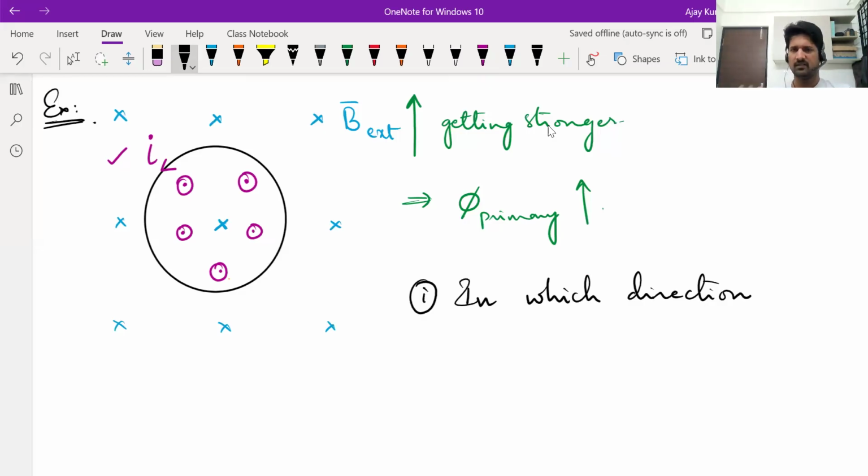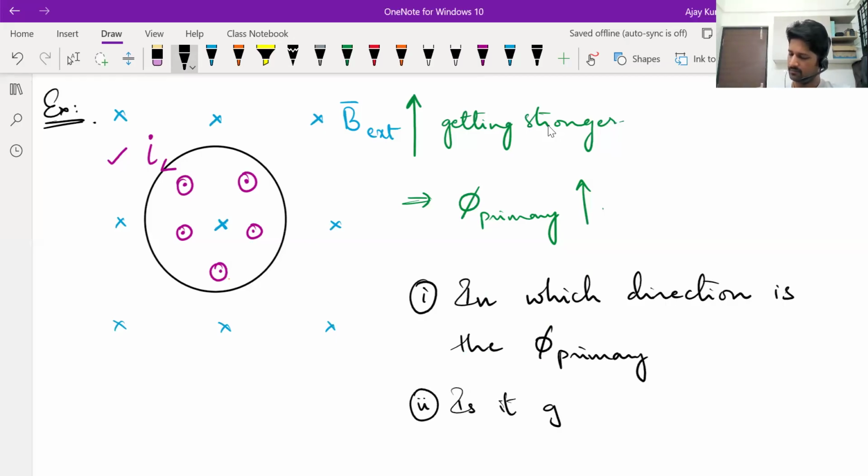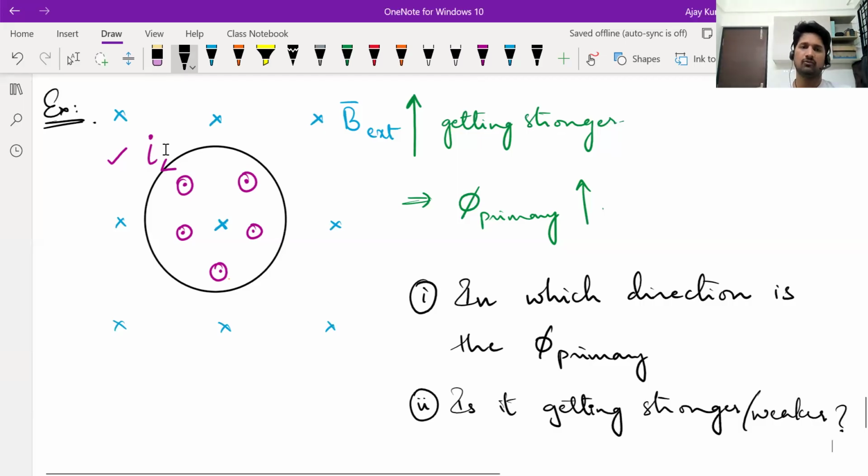So when I say flux direction, I'm talking about the field line direction. So the first thing you need to see is in which direction is the primary flux. Next, is it getting stronger or weaker? Based on that, you can tell in which direction the current should flow in the loop.